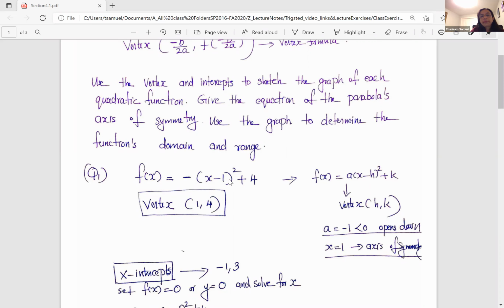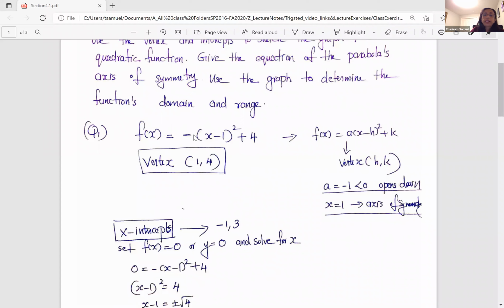When we compare this function with the first format, you can see that instead of h, we have 1, and instead of k, we have 4. So the vertex is (1, 4), right?